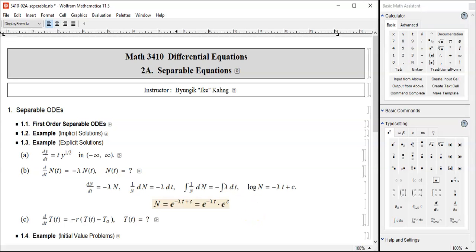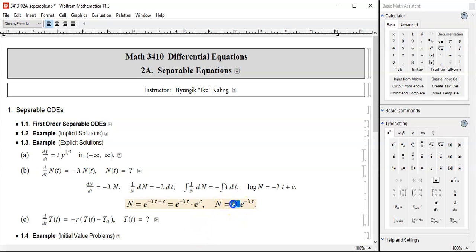By the exponent rule, if you have the same base, then multiplication is the same as adding up the powers. And that's precisely what's happening here. And then e to the c power, we can rewrite as another constant, say k, times e to the negative lambda t, like this. That looks better, but still we can do a little bit better.